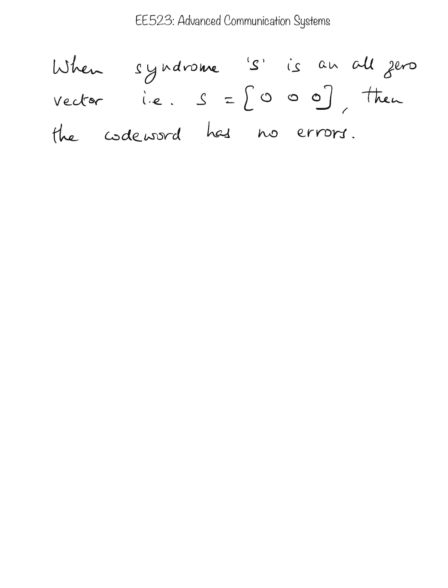So let me write it down. The first thing is, when the syndrome is all zeros, it means that there is no error in the code word. If the syndrome is not all zeros, what does the decoder do?